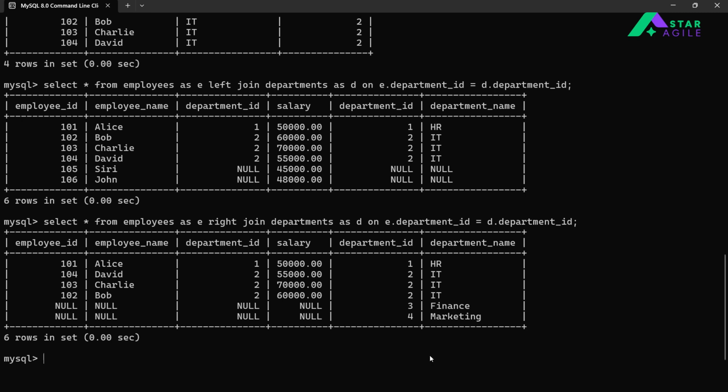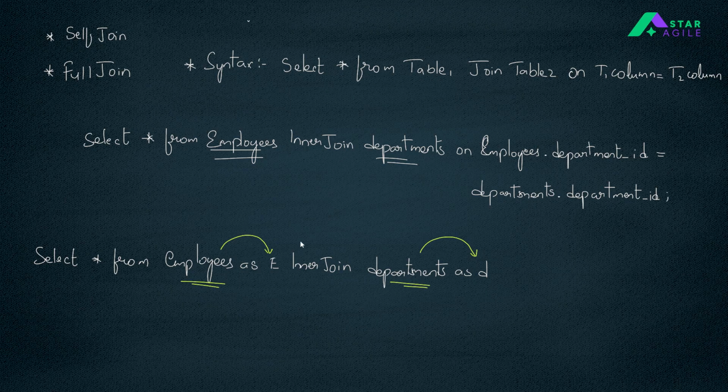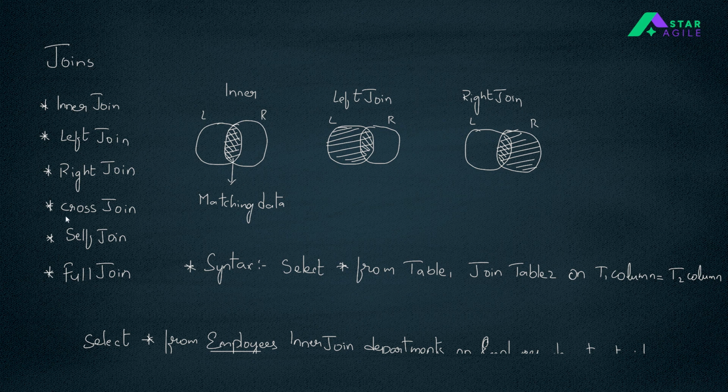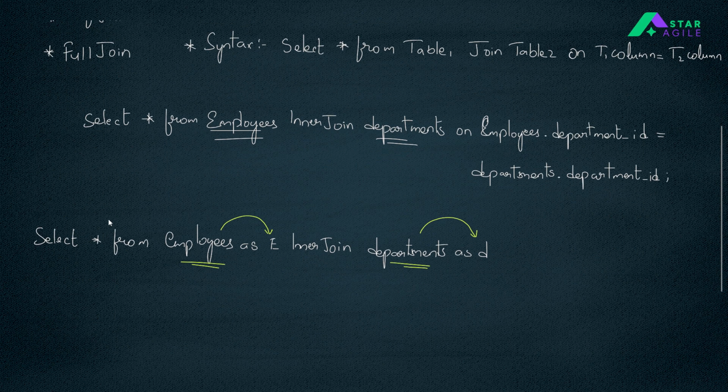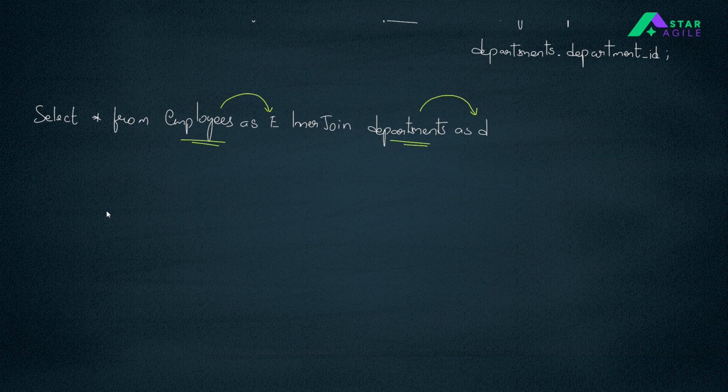This is a cross join. So basically what a cross join will do is make all the combinations required from both the tables, guys. Let's say, for example, there is a left table and a right table.